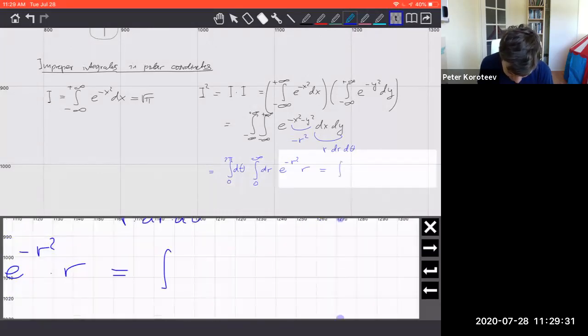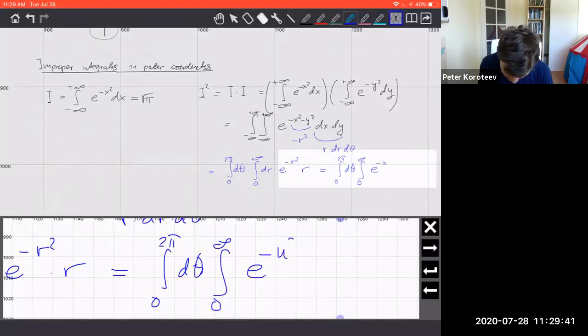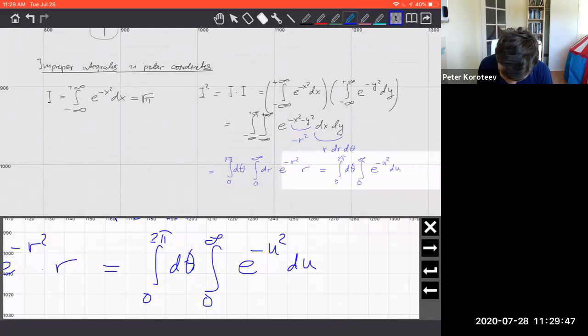So this integral is equal to the integral from 0 to 2 pi d theta, integral from 0 to infinity of e to the minus u squared du, and there is a 1/2 factor here. If u is r squared, then du is equal to 2r dr. And now we can do the integral.